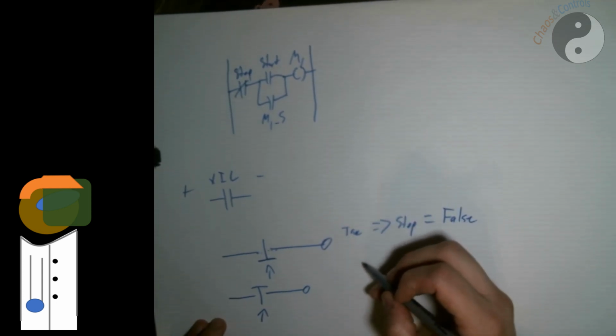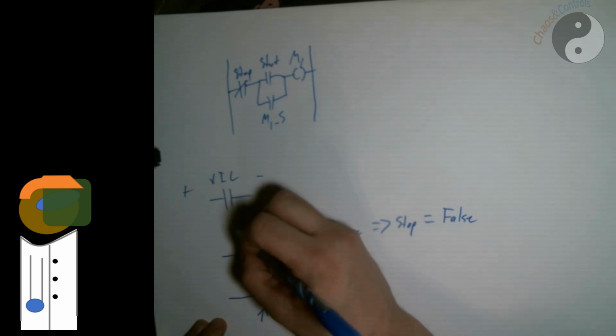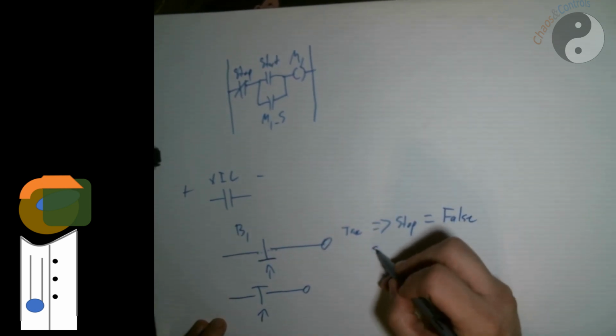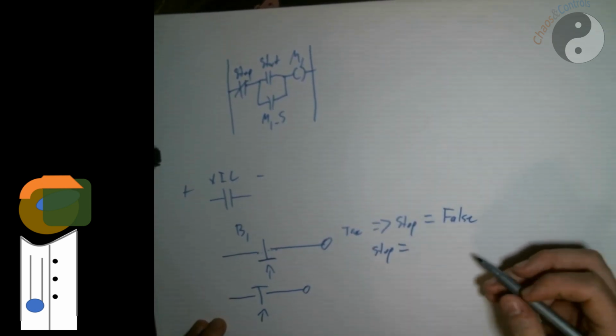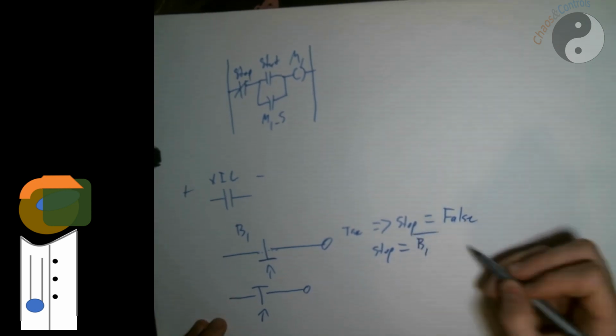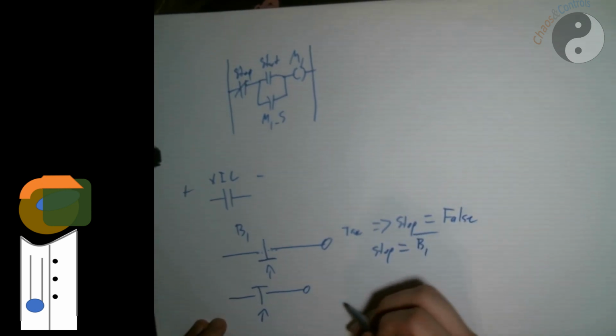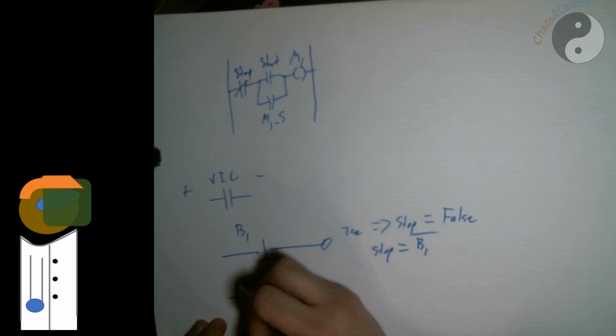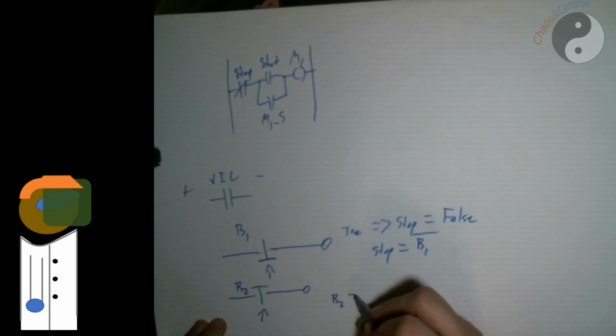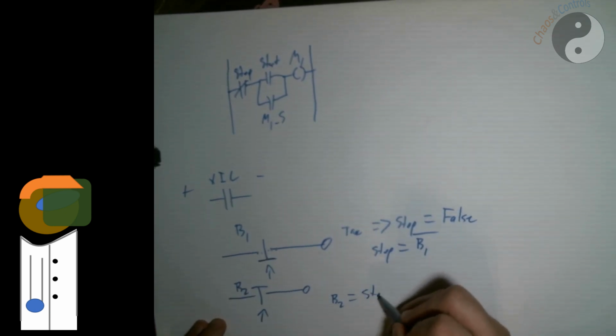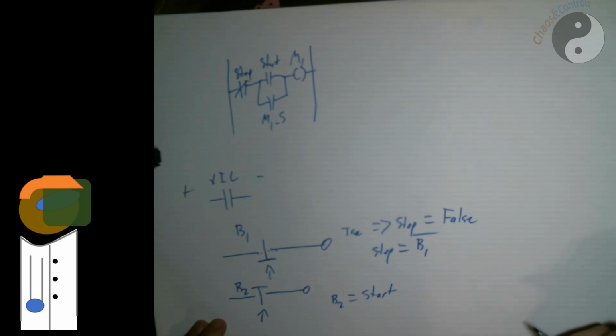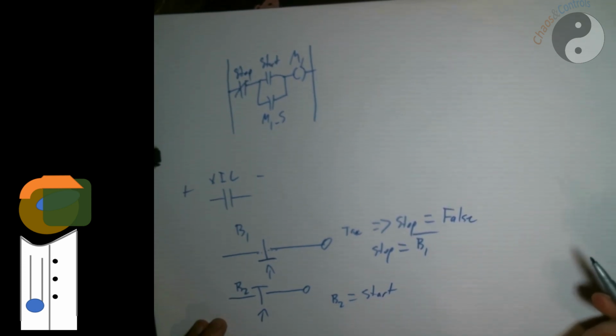Or, if we call this B1, then my stop condition equals B1 not. And of course, if it's down here, I just simply map, if this is B2, then B2 is equal to start. Or stop, or whatever other button that I want to put in there.